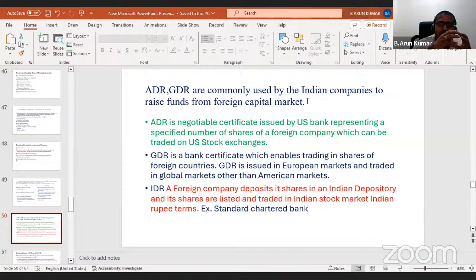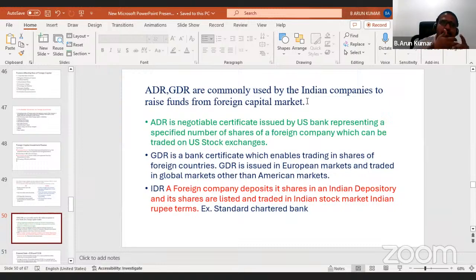So in a US stock exchange, like Nasdaq, if an Indian company trades on a foreign stock exchange, it raises funds from the American stock exchange. For that purpose, a US bank represents the specific number of shares of a foreign company.